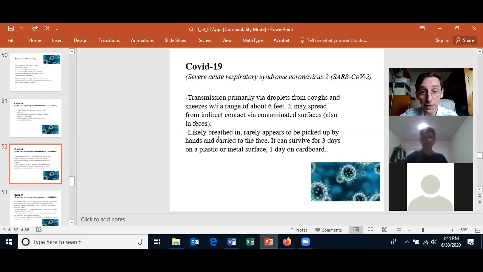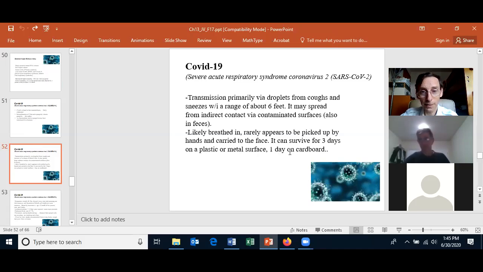They think the droplets mainly travel 6 feet, and that it's mainly breathed in, but it can survive on surfaces, so you can pick it up. It can survive for a day on paper or cardboard, and for 3 days on plastic or metal. So when you touch surfaces, it's a good idea to wash your hands.